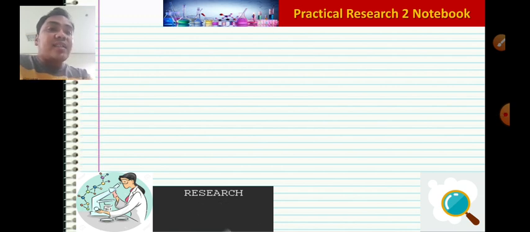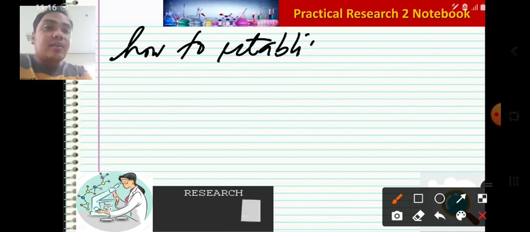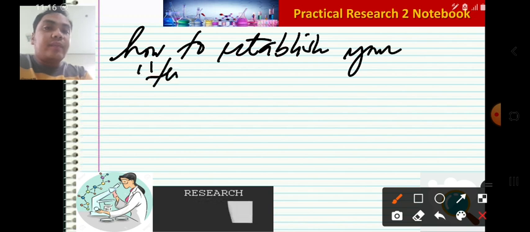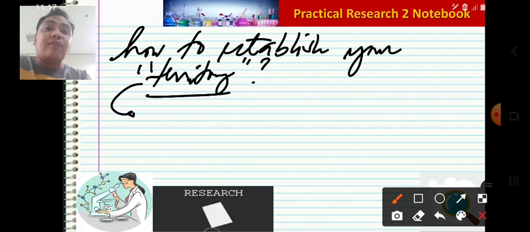In order to establish your territory in research, you will identify the importance of your study. That is the main concern in order to answer the question of how to establish your territory.